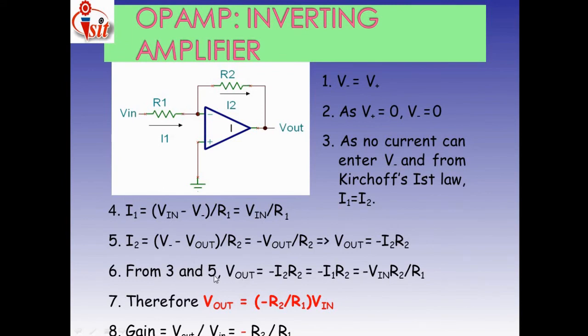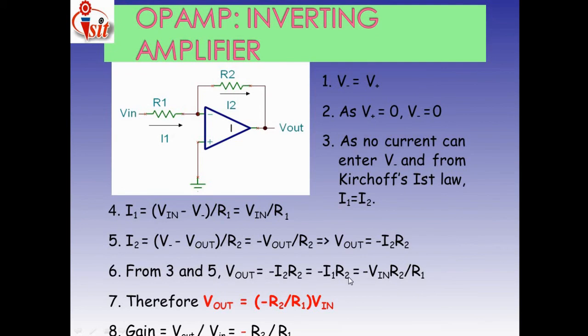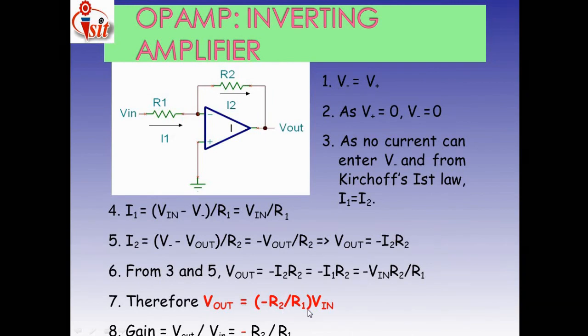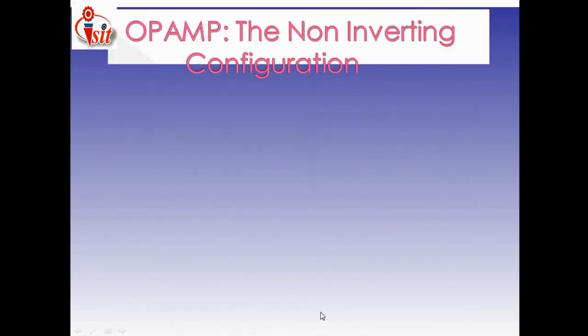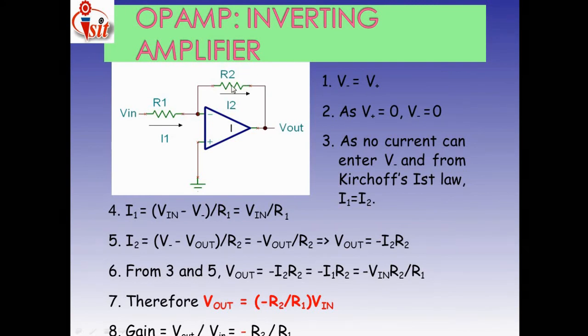What about the conclusion from the third and the fifth stage? Vout is equal to minus I2 R2, which is equal to minus I1 R2, which is equal to minus Vin R2 divided by R1. Therefore, Vout is equal to minus R2 divided by R1 into Vin, and the gain Vout divided by Vin is equal to minus R2 by R1. And here R2 is connected in the place of the feedback.